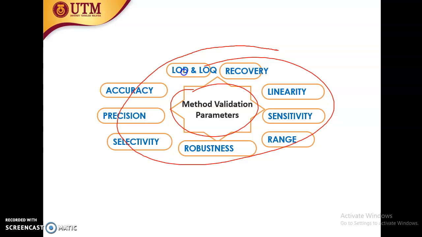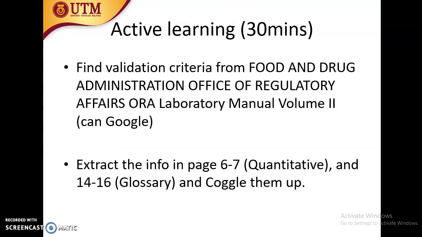Okay, I will stop my video now because we are going to learn about the meaning of each of these and how to do that by doing active learning, extracting information from the FDA Office of Regulatory Affairs Lab Manual.